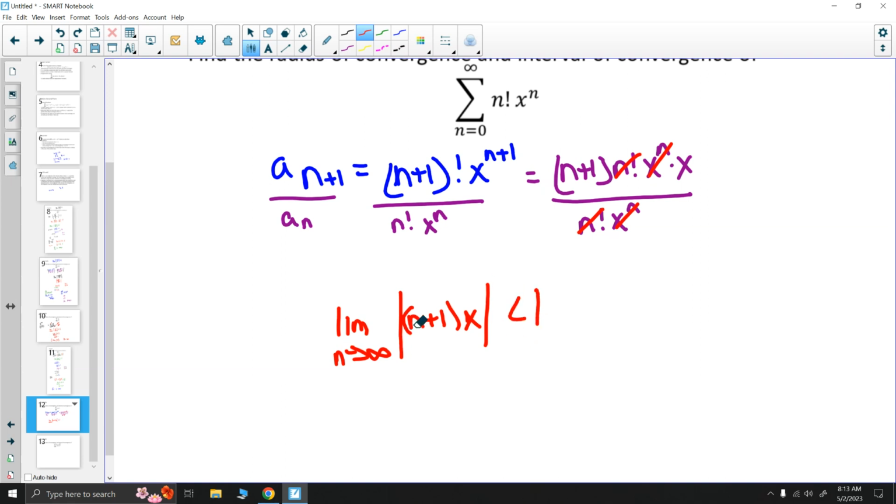When n goes to infinity, we end up with infinity times x. Now, the only time infinity times a constant will ever be less than 1, i.e. not infinity, is when x equals 0. So x equals 0 is the only time. That is to say our radius of convergence is 0, and it only converges when x equals 0.